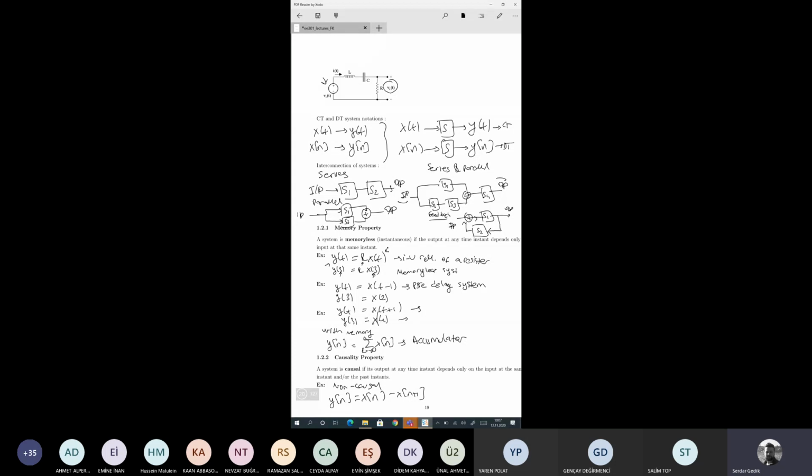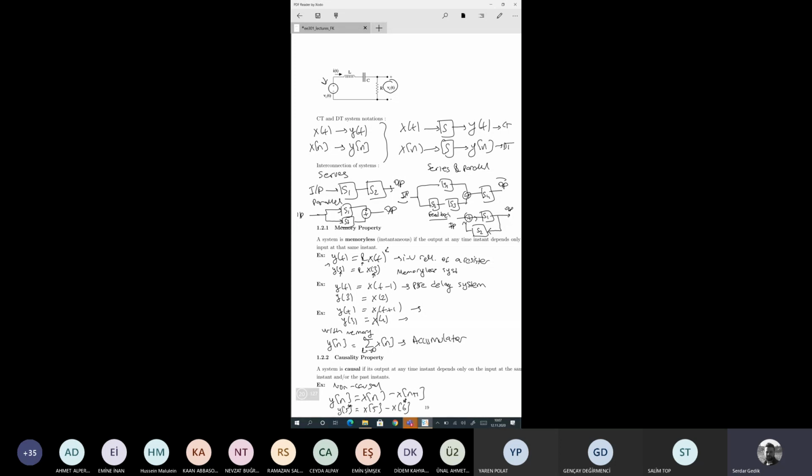So what is my counterexample? Assume I want to find y of 5. What is y of 5? x of 5 minus x of 6. So to find y of 5, I need x of 6.